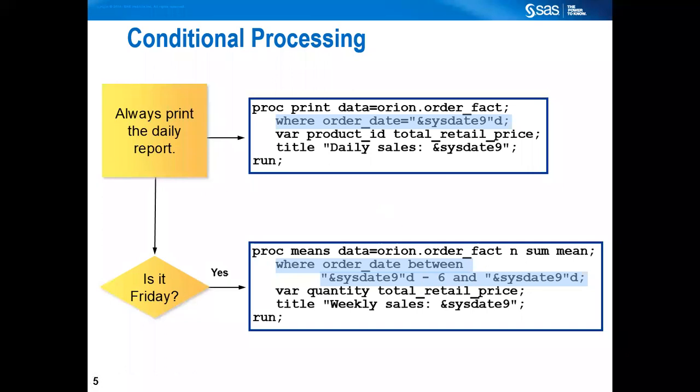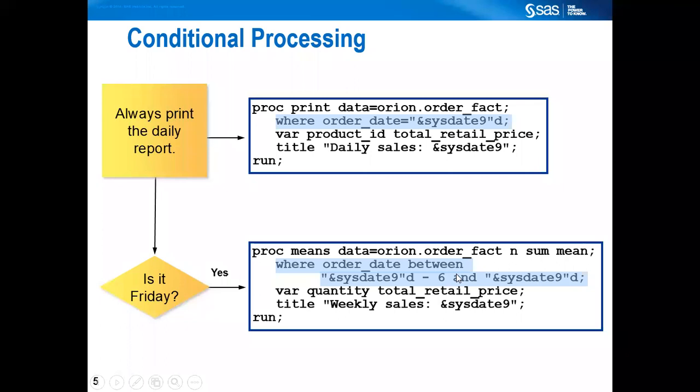So if the current day of the week is Friday, then -6 days should give you all the previous days' report as a summary report. Because we are giving the condition that if your system day is Friday, only then should it process proc means. We are not going to run proc means on Wednesday or Thursday. It's only going to run on Friday because it's a weekly report. Weekend is coming, and on weekends no one works.